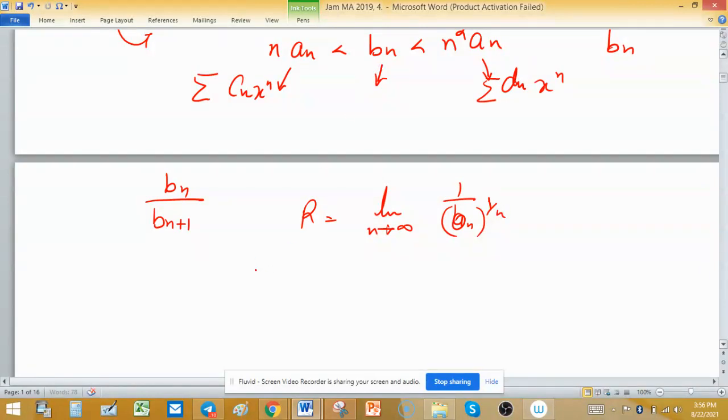So using this inequality I'm going to form this one. First we have to take the reciprocal of this inequality. So 1 upon n a_n > 1 upon b_n > 1 upon n² a_n.